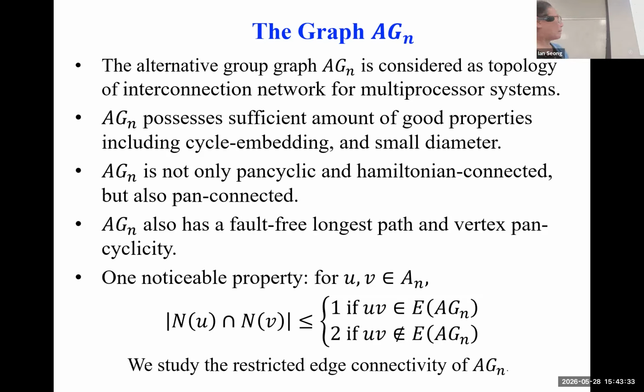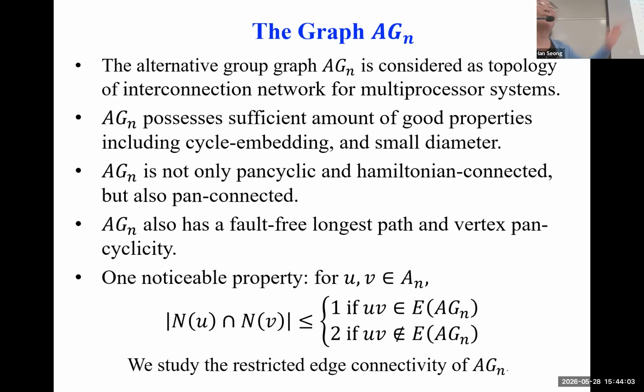I don't recall exactly what the fault-free property is, but it's useful when they do the processor thing. Now one property I want to put here is noticeable and also useful to prove the following later theorems. And from the point of view of graph theory, maybe this is an important property. If you take any two vertices from the graph, the size of the intersection of their neighbors is less than or equal to 2.